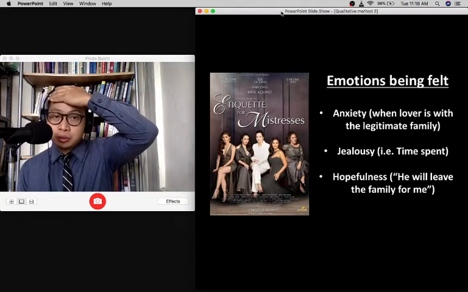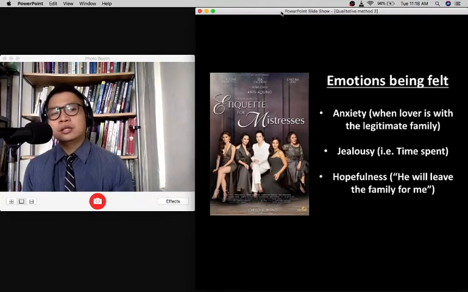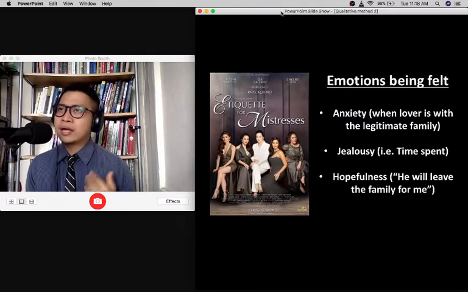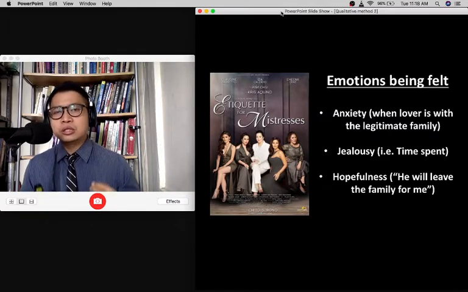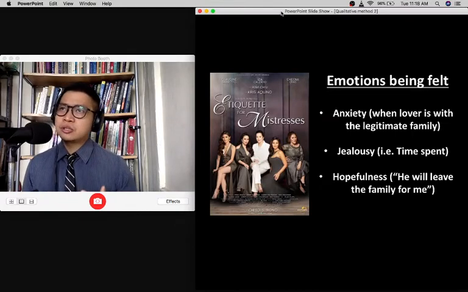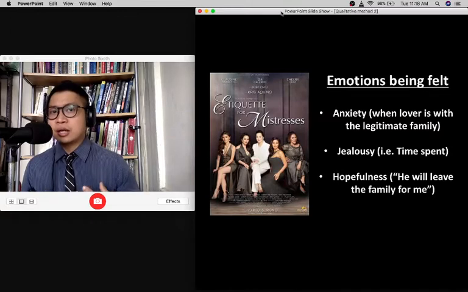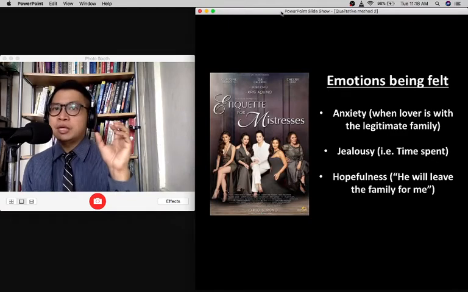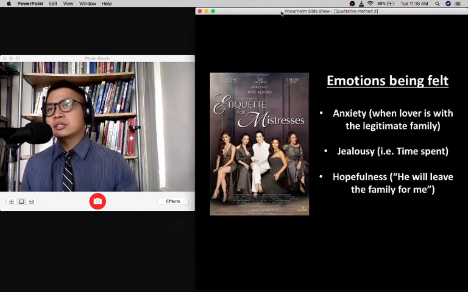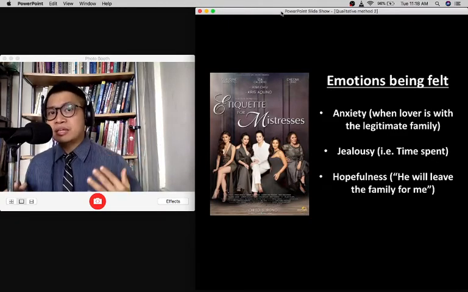And according to the group that I handled, this also partially explains why a lot of mistresses don't leave the relationship. So kahit alam nila na sila yung number two, nag-i-stay pa rin sila sa relationship kasi umaasa sila that in the future, they will not be number two anymore. So that particular hope of being number one someday is the idea that is making them stay in the relationship.